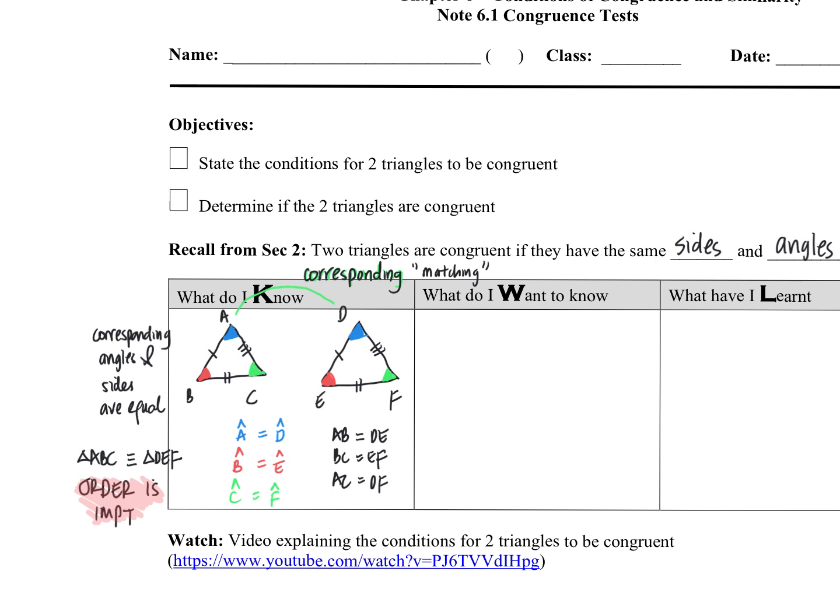Okay, what do we want to know here is that, are there any tests that we can do to check if triangles are congruent?